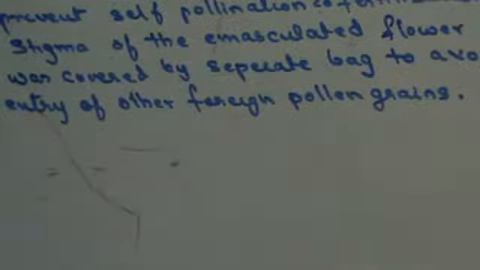Fine, do we get this? So thus we made sure that there would be a proper cross between the two plants that we desire, right?